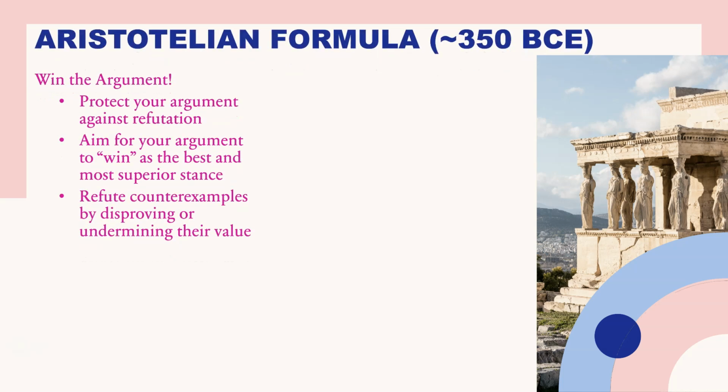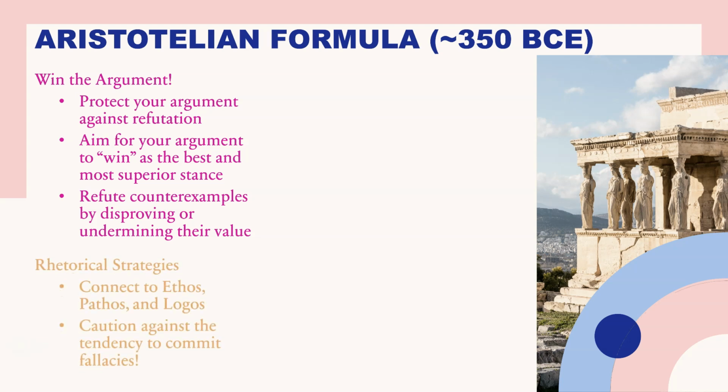So first we'll look at the Aristotelian formula. This is coming from around 350 BCE, so 2,500 years ago, a lot of years ago in Greece. The goal is to win that argument. Protect your argument against refutation. Aim to advance your stance as the best and most superior stance, and refute counter examples by disproving them or undermining their value. So that's the goal.